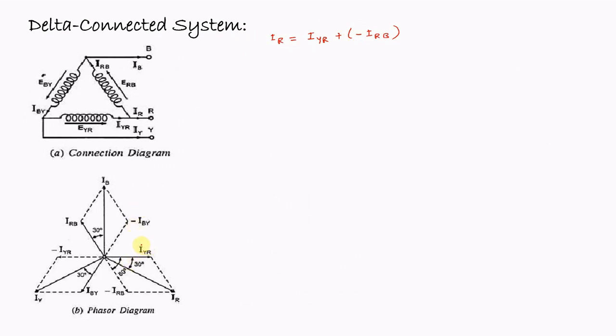From this phasor diagram, we can see that the angle between IYR and minus IRB is 60 degree. So the value of IR can be written as square root of IYR square plus IRB square plus 2 into IYR into IRB into cos 60 degree.